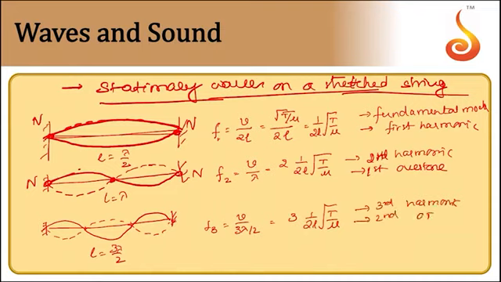If we look at it, the overtones are numbered sequentially: first overtone, second overtone, third overtone, etc. The harmonics are: fundamental frequency, that's the first harmonic, second harmonic, etc. Thus the first harmonic is present, the second harmonic is present, the third harmonic is present. That means all the harmonics can be generated in this case.